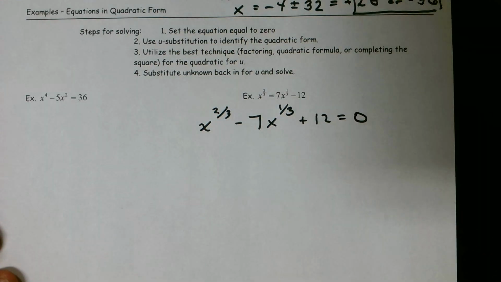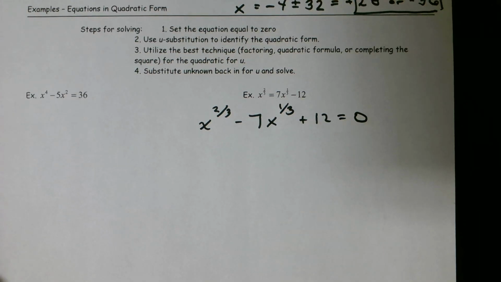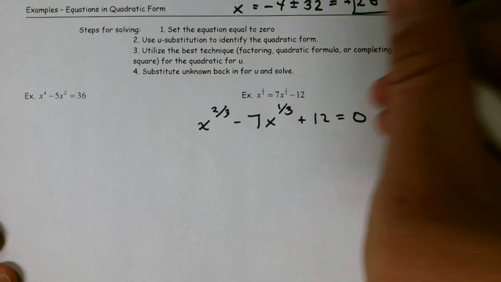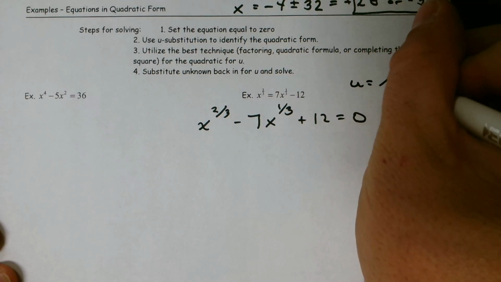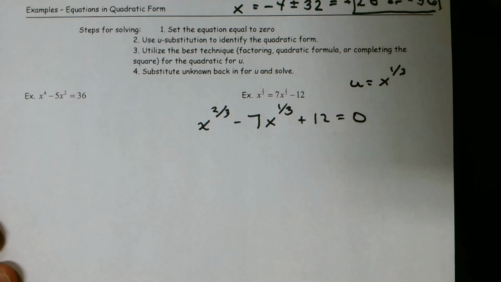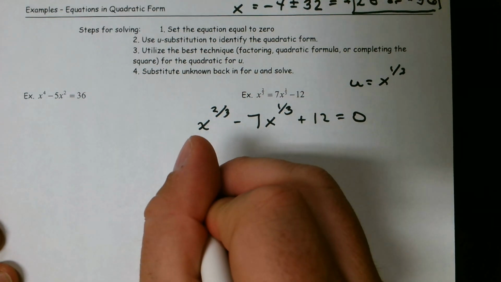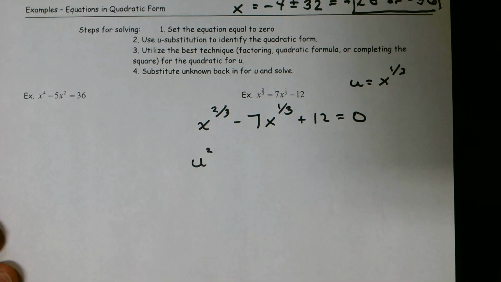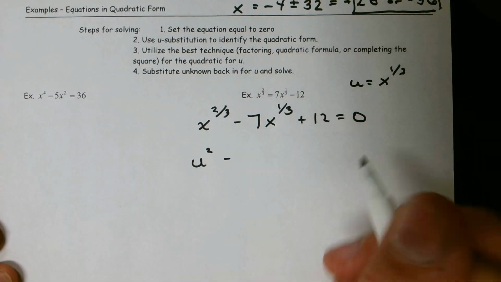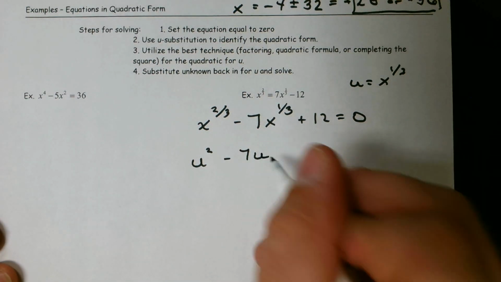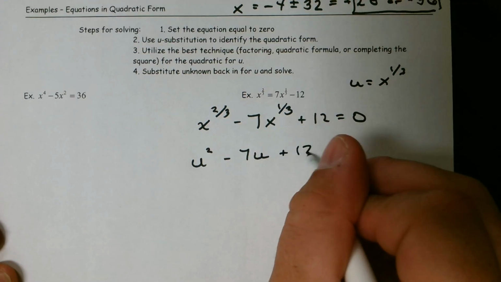Now, it still looks ugly, and if I asked you to factor this, you may not know how to do it intuitively, but that's okay. What we can do is use u substitution and let u equal x to the 1/3. Then x to the 2/3 just becomes u squared. This is u squared minus 7u plus 12 equals 0.